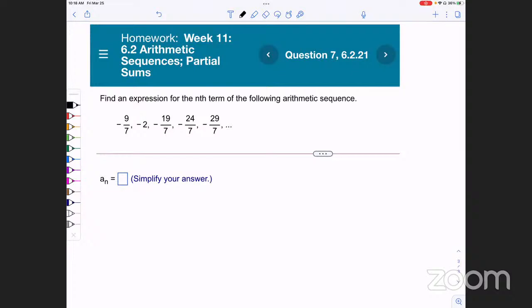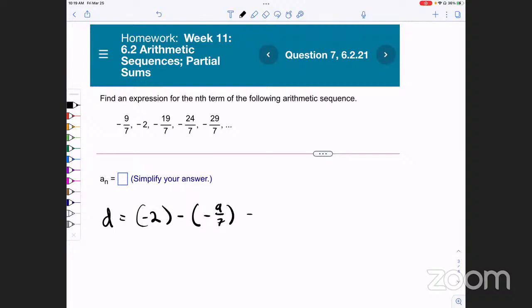First, we have the initial term. Let's find our common difference. The common difference is the n plus first term minus the nth term. For instance, in this case, we could say -2 minus -9/7.